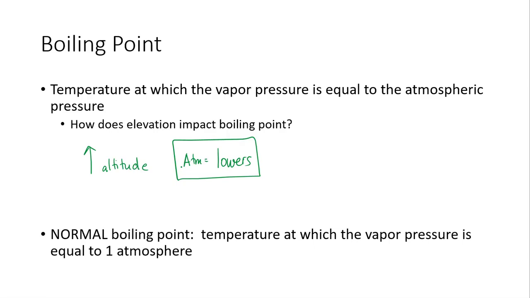So if you're closer to the vacuum of space, you're going to have a lower atmospheric pressure, which happens in Denver. And if you have a lower atmospheric pressure, the boiling point is going to be lower because, again, it is the temperature at which the vapor pressure equals atmospheric. So if you have a lower atmospheric, then you're going to have a lower boiling point. Normal boiling point, on the other hand, we're just setting it equal to 1. So we're just pretending that we're at sea level.